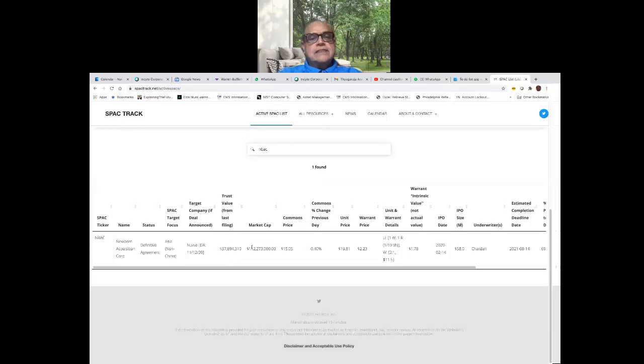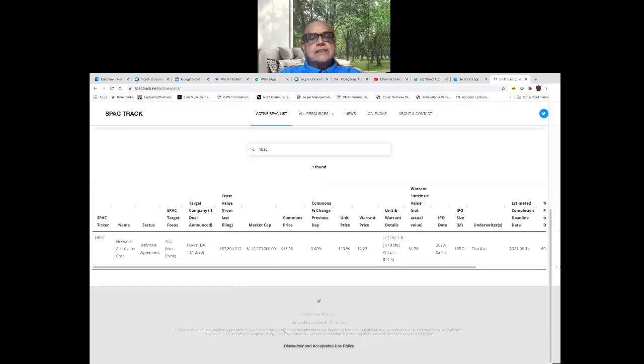But even though they collected only 57 million, it has grown to 112 million because the common's price is still 15. So how did it go up so much? See, it would have started at $10. Then there are the warrants also coming in. I do not know how they calculate, but it should be a combination of that.